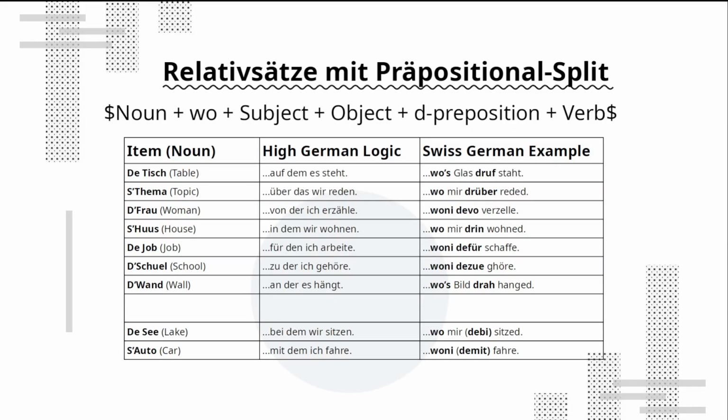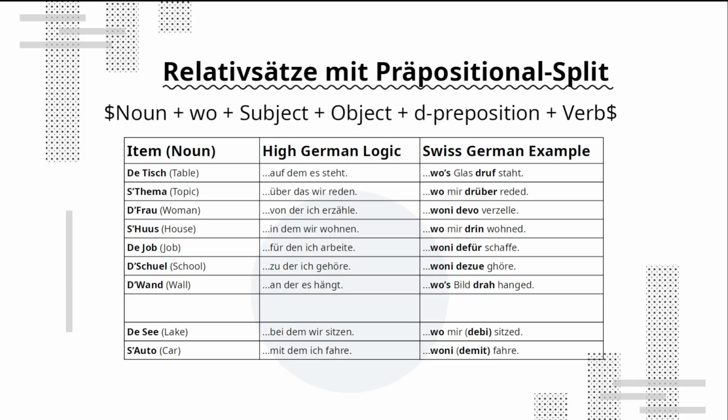So we have Relativsätze mit präpositionalem Split. The syntax is as follows: it's the noun followed by wo, then the subject, object, the preposition, and then the verb. When do you use this? You use this whenever you want to describe an object in detail using a preposition, like the car I'm driving in. In Swiss German, we don't use compound words like womit or worauf.